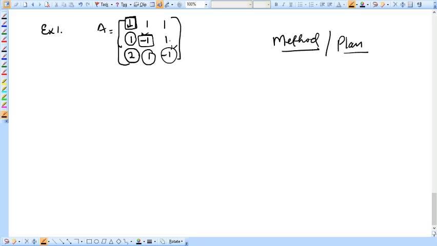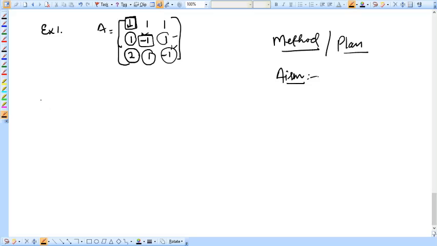If not, we will keep it as it is. Our aim is to make the maximum number of rows or columns 0 using elementary operations, so that we can find out how many non-zero rows or columns are present.